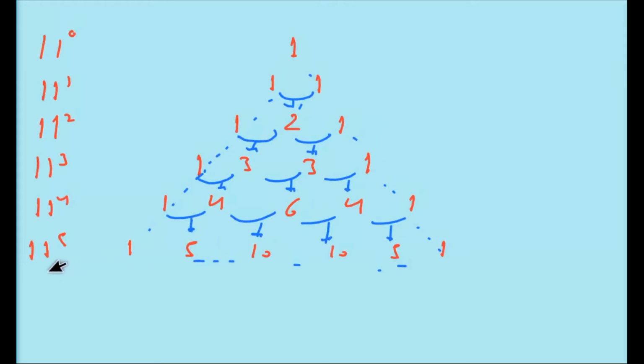This way you can write again 11 to the power 6, 11 to the power 7, and this triangle is a very important triangle, and we will use it to explain the binomial theorem. Okay, and this triangle is known as Pascal's triangle.